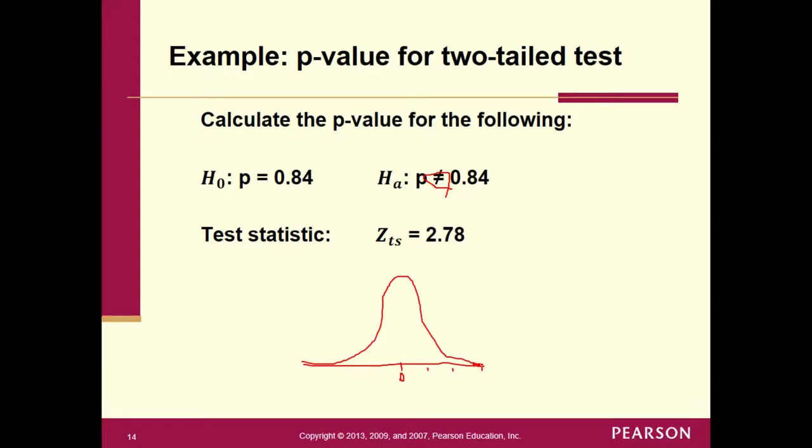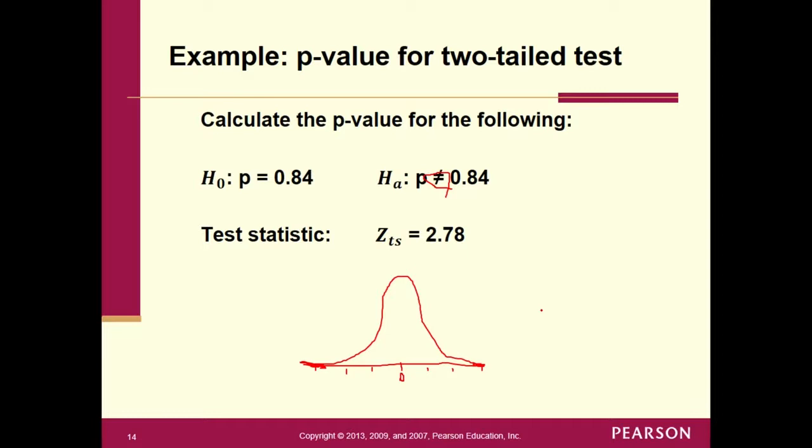Since we are testing both less than and greater than, we have to find the area to the right of 2.78. We also have to find the area less than negative 2.78 because we are testing both sides. I know it's hard to represent it here, but these areas should be exactly the same.